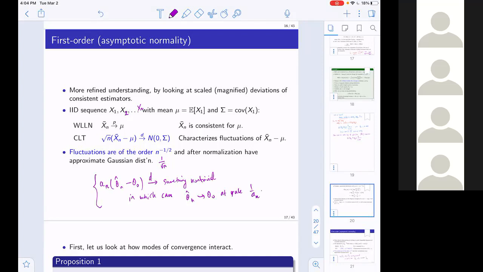We want statements like this for general estimators, in particular for the MLE. Does this make sense?